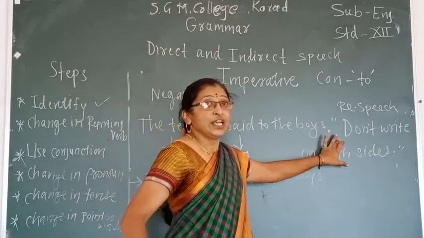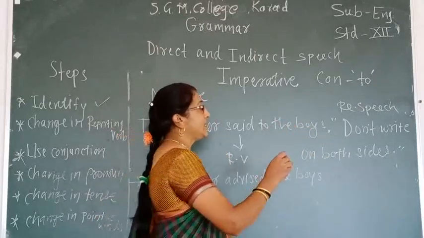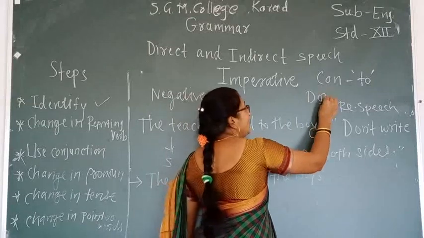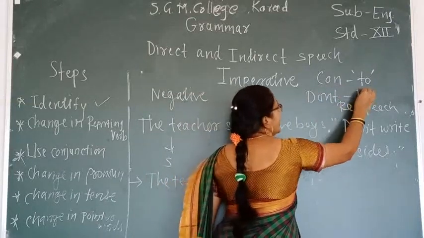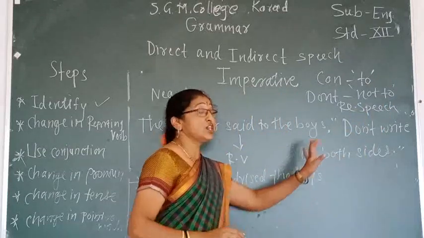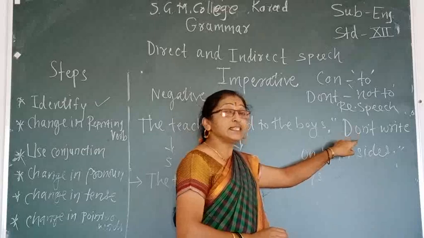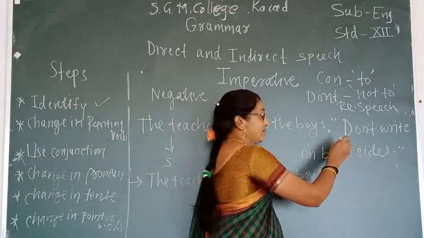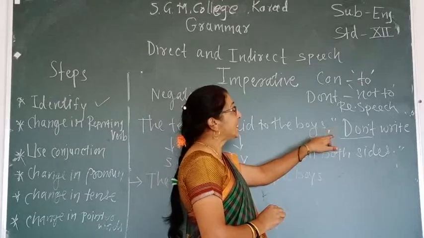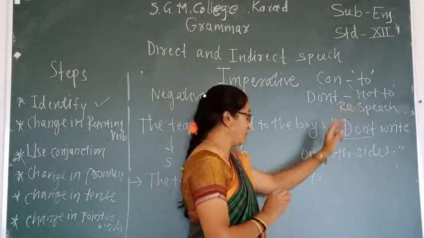In imperative sentences, if the sentence is negative, we use the conjunction not to. In our imperative sentences the conjunction is to, but if the imperative sentence is negative, we see don't, which means we use the conjunction not to.